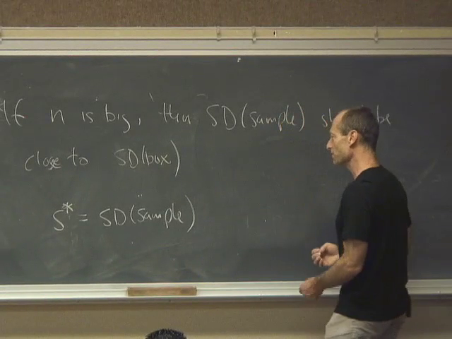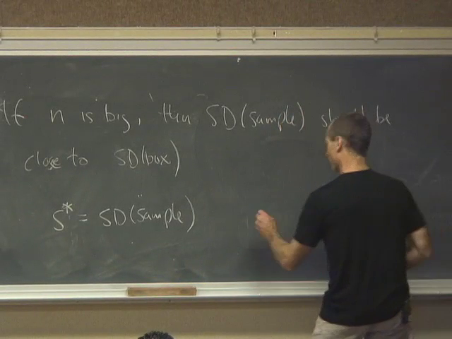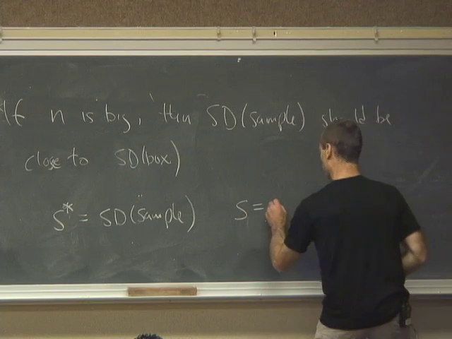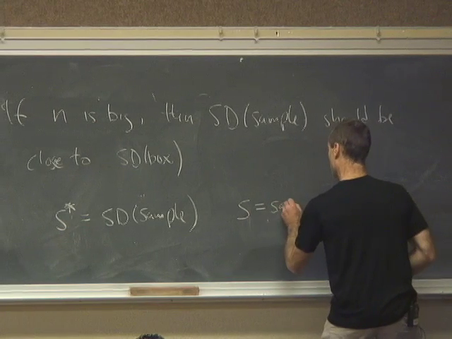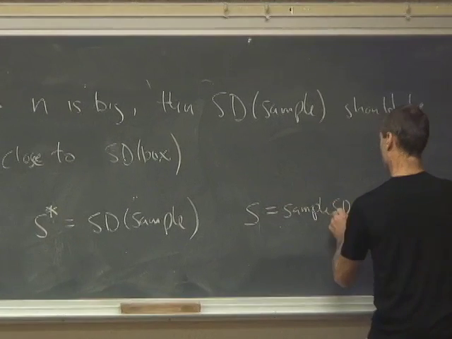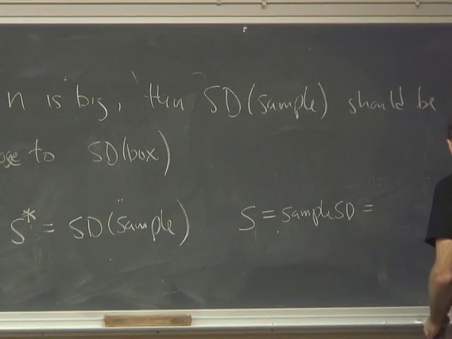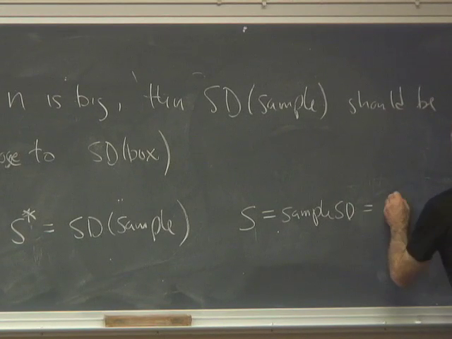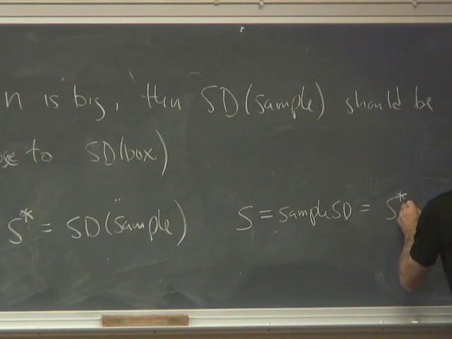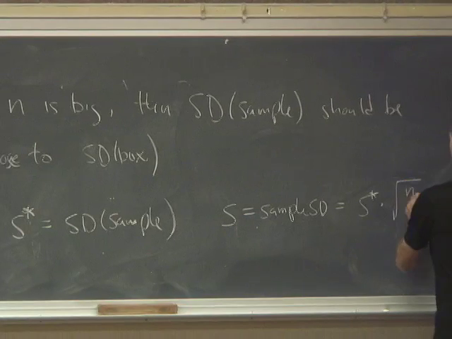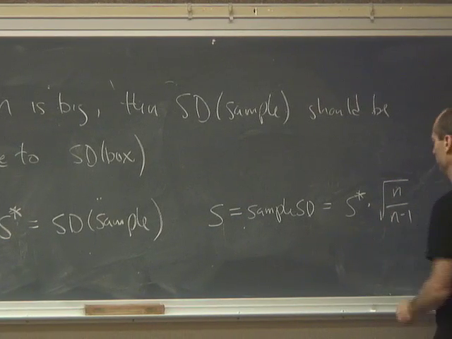And instead of this, what's used is the following, which is called S, which is the sample SD. And it's equal to basically S star times root n over n minus 1.